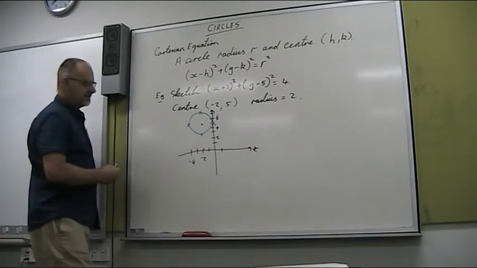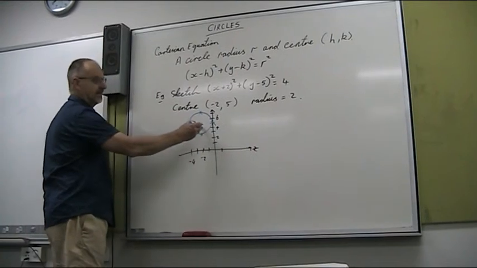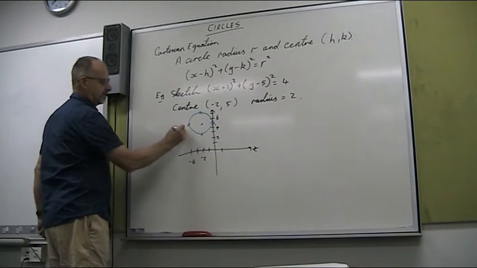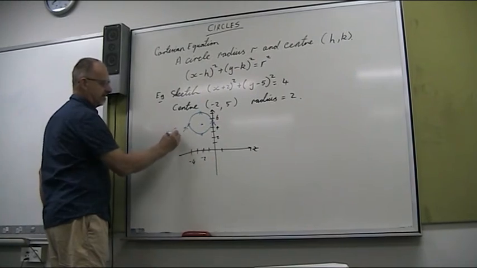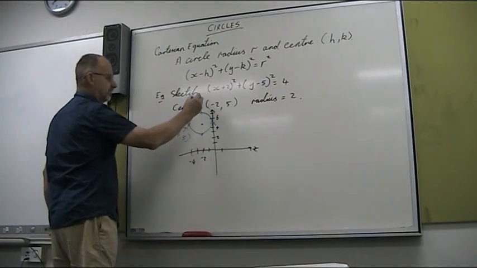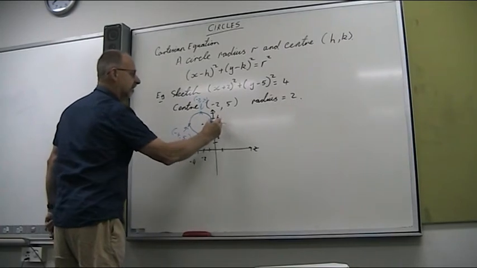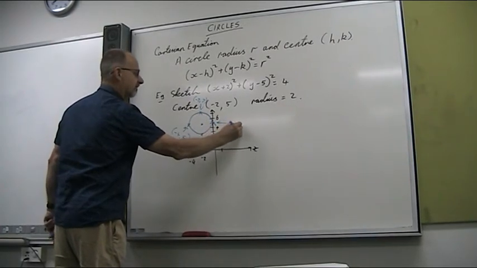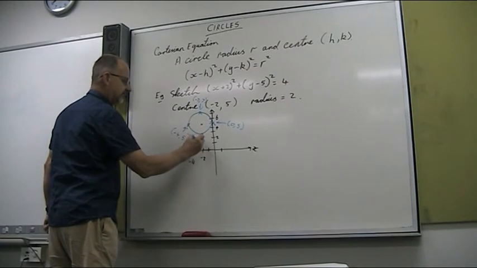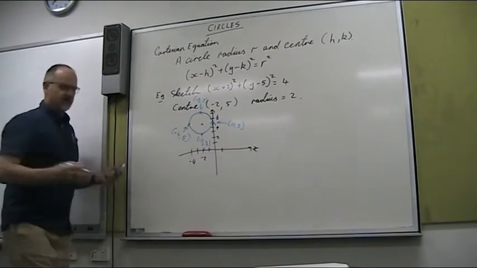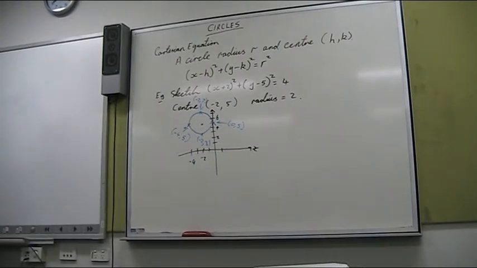With this, because we know that's the centre at -2 and 5, and the radius is 2, then we know that this point here would be -4 and 5. This point here would be -2 and 7. That's our y-intercept, so 0 and 5, and this one here, -2 and 3. All right, so we've got 4 points there that we know that our circle goes through.